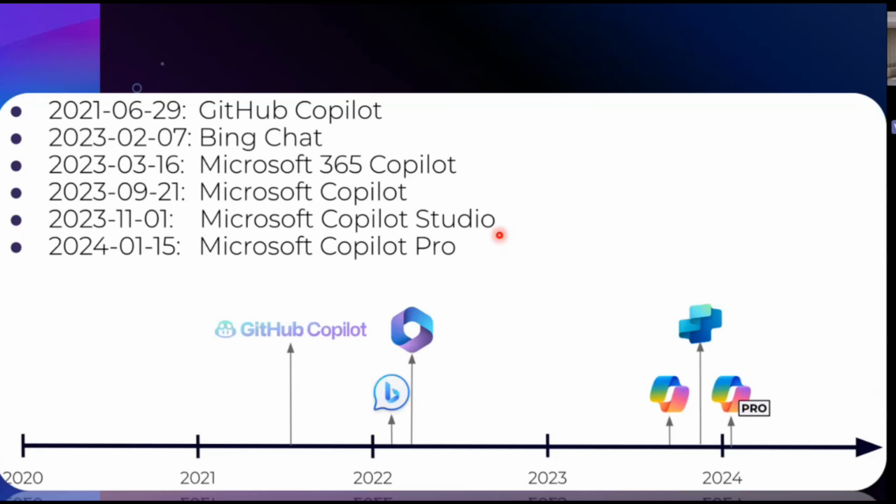Studio is something where you can build agents, you can create agents, you can modify agents according to your needs. Like if you are running an organization, and you have so many documents, and you have customer service, or frequent customer visitors, you can create an agent to cater to those customers.